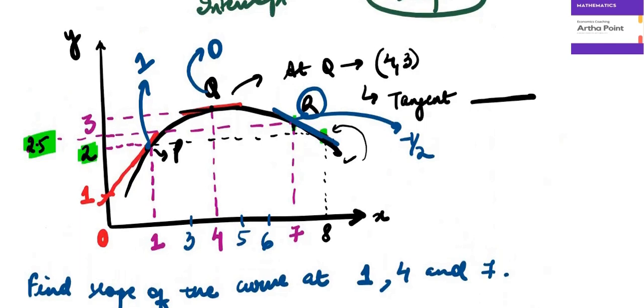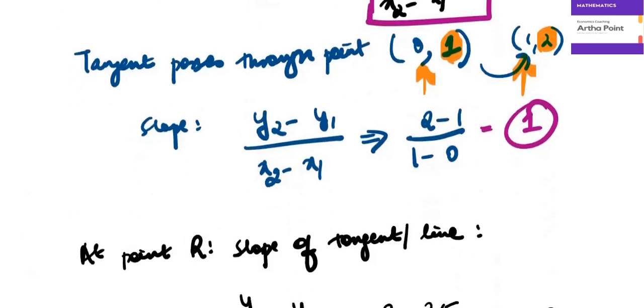If you find the slope of tangent, you are automatically finding the slope of the curve. Now, this is a little vague definition of the tangent, and I want to go ahead and talk in detail about tangents and derivatives. So let's write down tangents and derivatives.